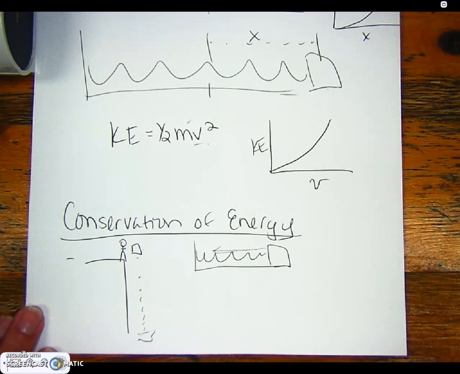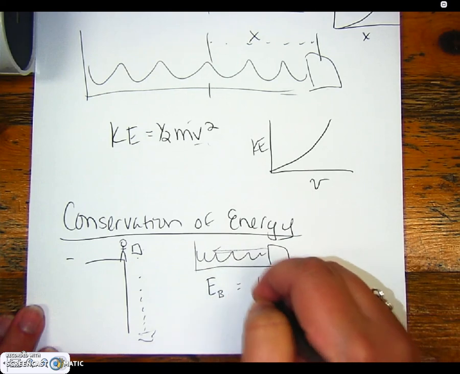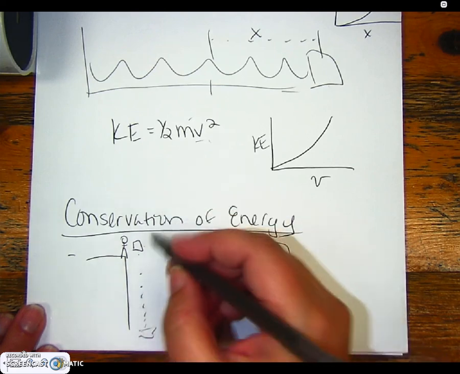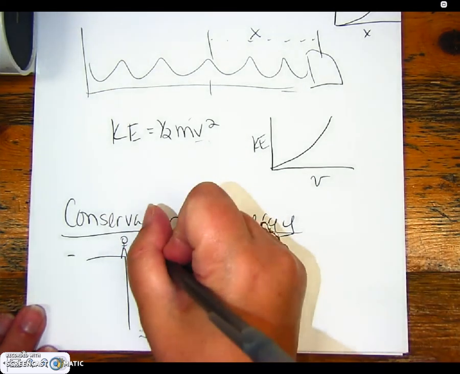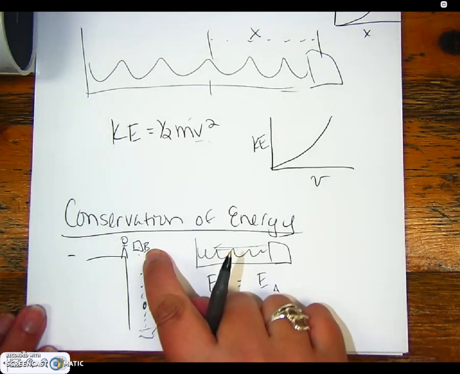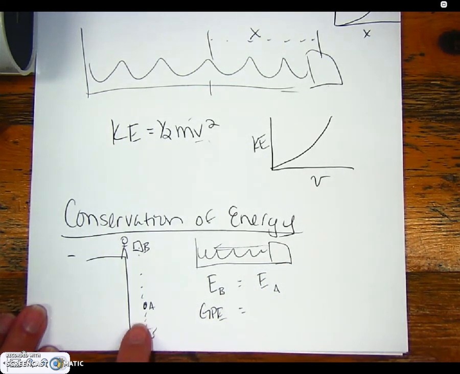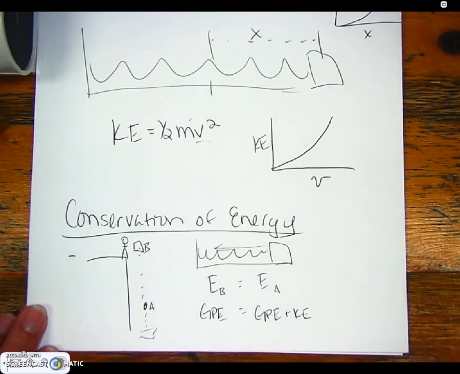So really the key to any conservation of energy problem is set the energies before equal to the energies at some other point, like after, within the system. So if I wanted to solve something about energy right here, we would just set this as my beginning and this is my after, and just say, okay, what kind of energies does it have here? Well, there it only has gravitational potential energy. But when it's here, it has some height above the ground and also has some kinetic energy as well, so it must be equal to the GPE and KE that it has there, right?